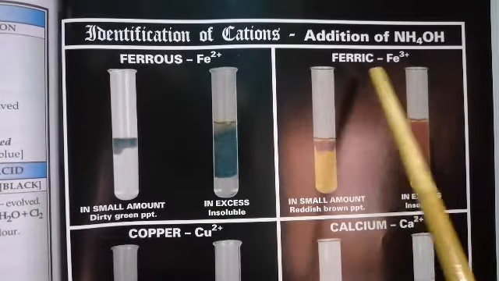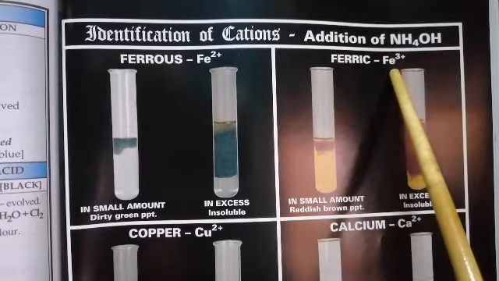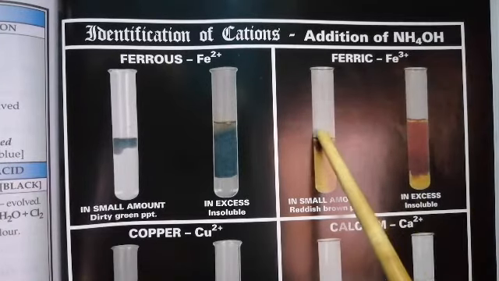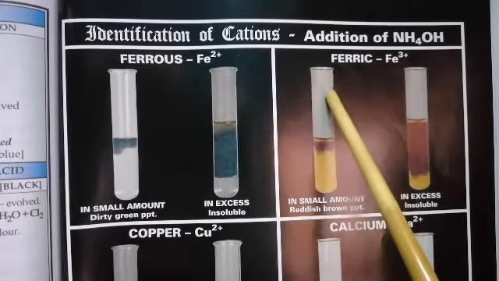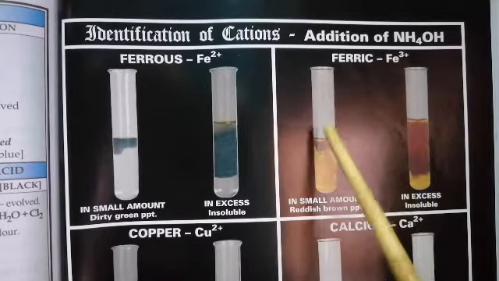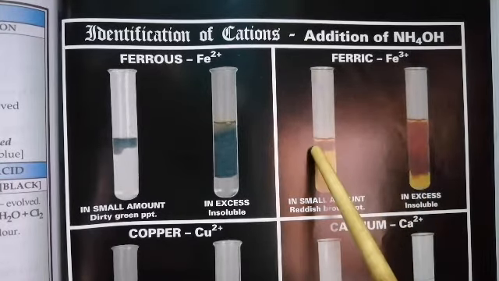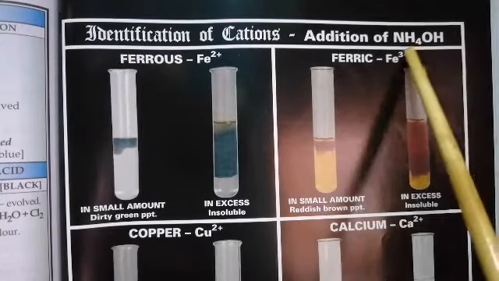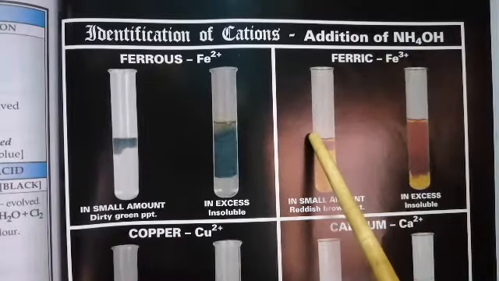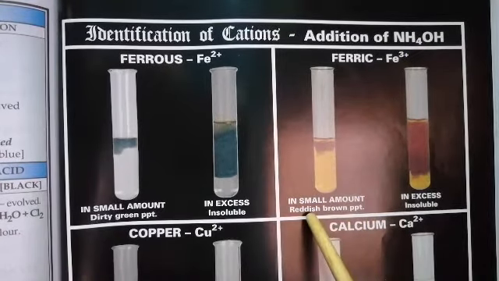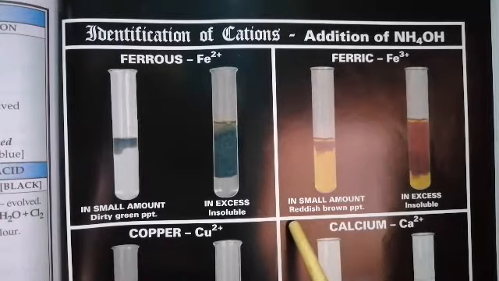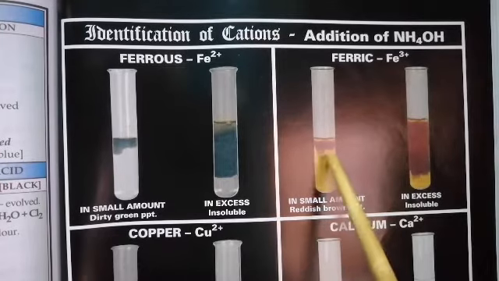Now let us take a look at ferric ions. Let's say you've taken ferric chloride solution, and initially you have added in small quantity solution of ammonium hydroxide. What do you observe? In the test tube, a reddish brown precipitate has formed.